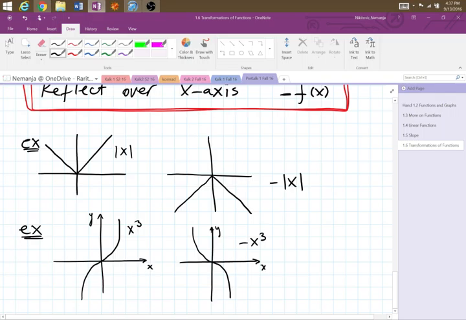Right? Is anyone going to comment on this example? Anything? Look at the x cubed. So we reflected it on x-axis, right? Reflect on the x-axis. So, aha! Awesome. So we did reflection on the x-axis, but then at the same time it looks like we did the reflection on the y-axis.